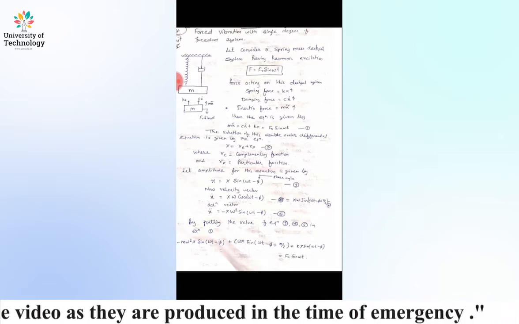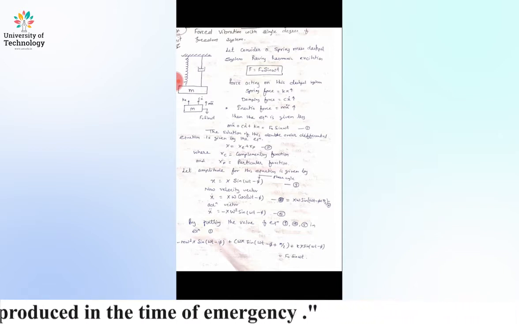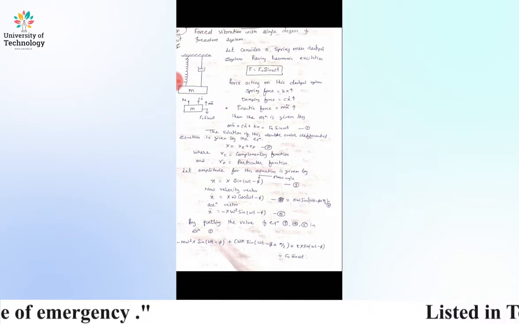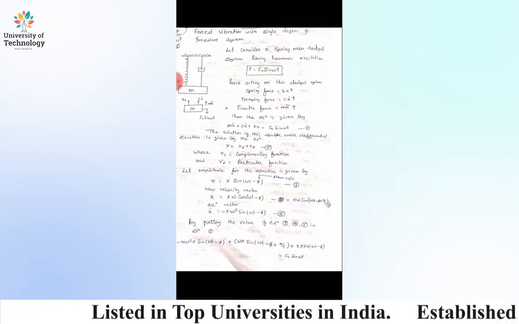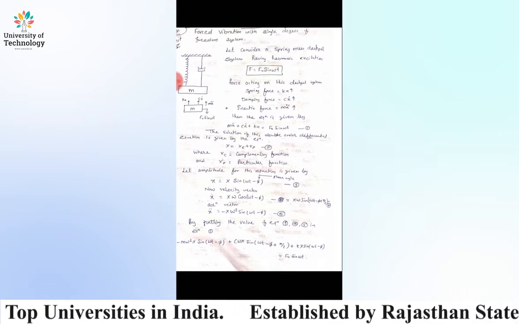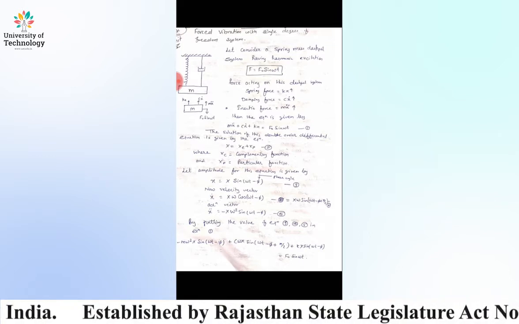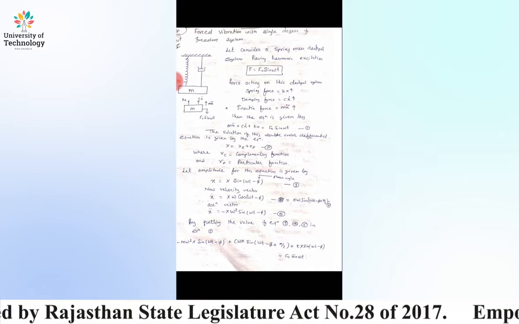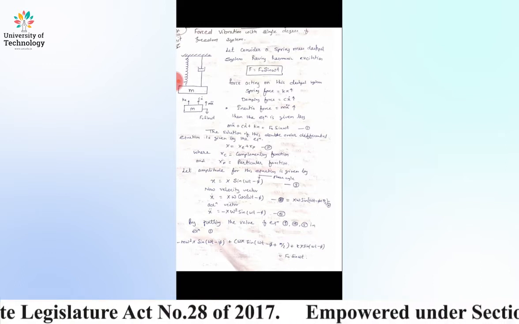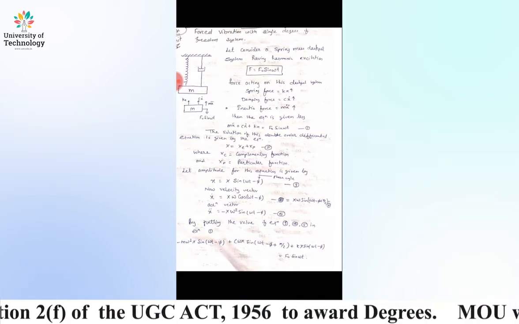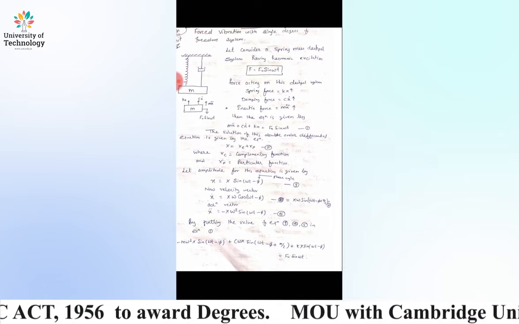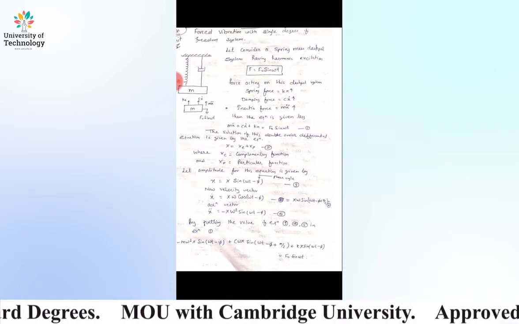Now we get the velocity vector x dot by differentiating the displacement vector with respect to t. Then we find x dot, or velocity vector, is equal to X omega cos omega t minus phi.